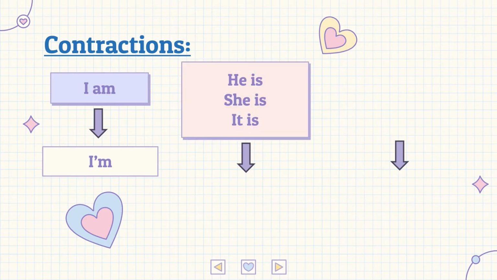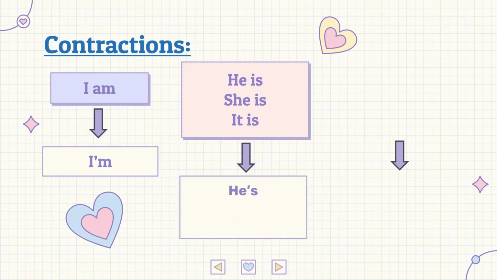The same thing here. We can shorten he is, she is, it is, and make them one word: he's, she's, it's.